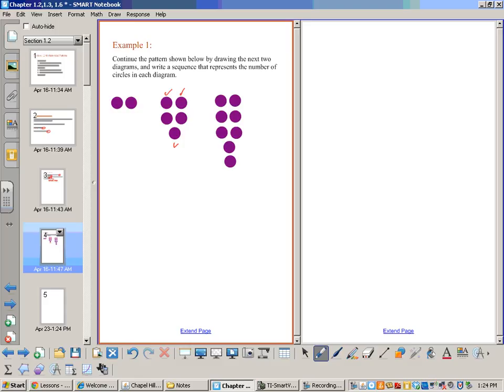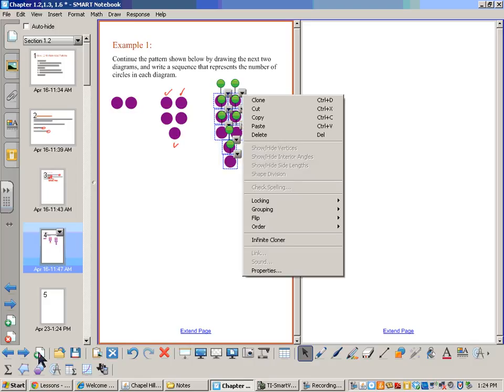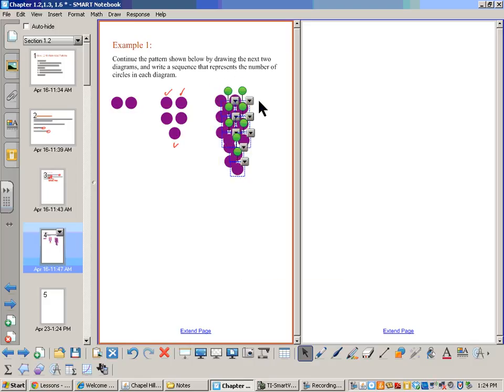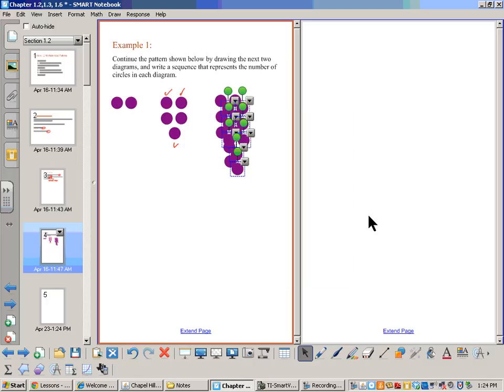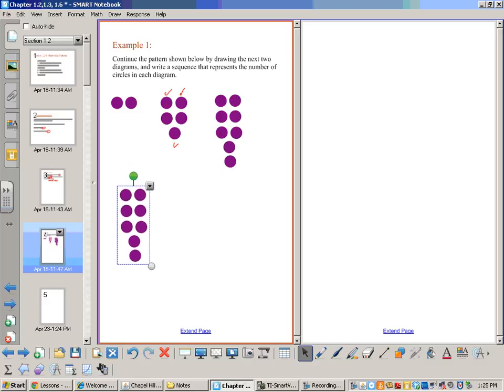So what you could do is actually you could start from one of the ones we have, and then, so let's say I want to start from this one here. Select this, and let's clone that. So I'm definitely going to have this one.